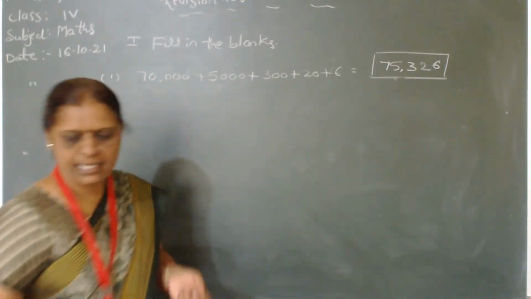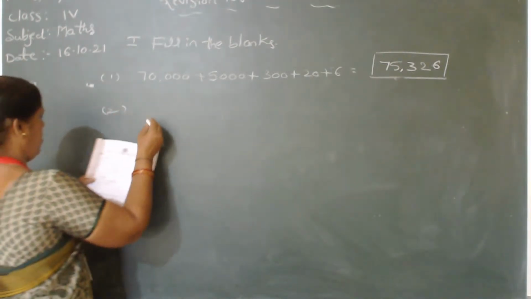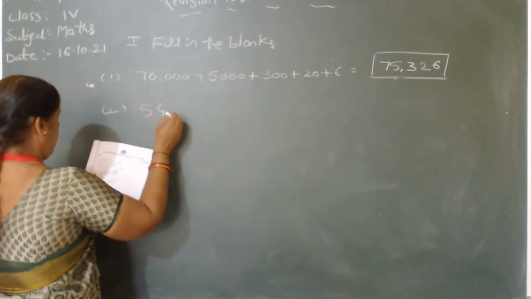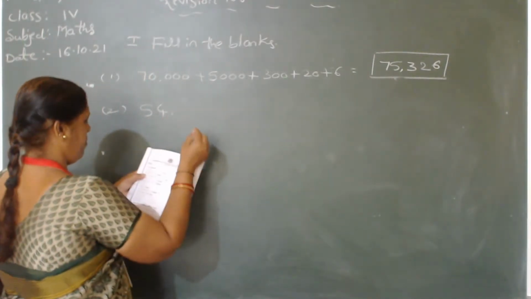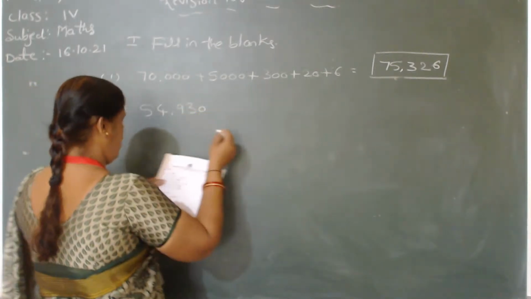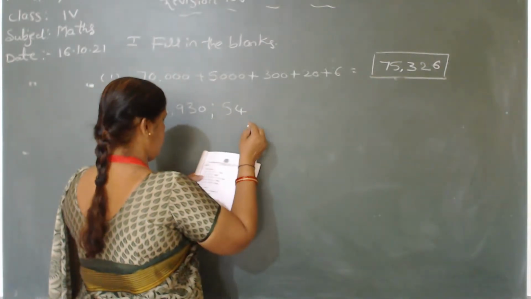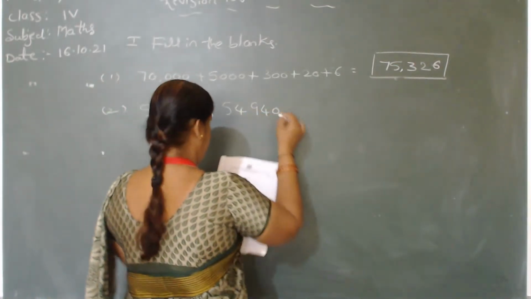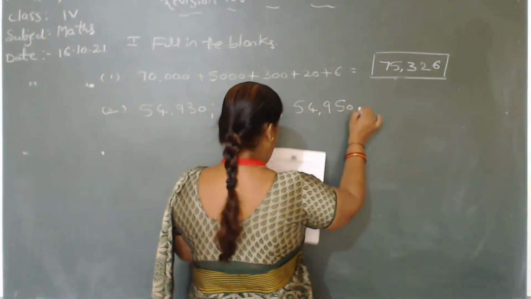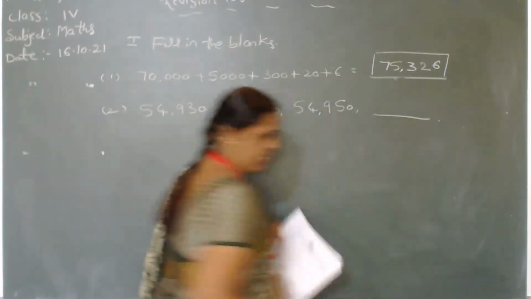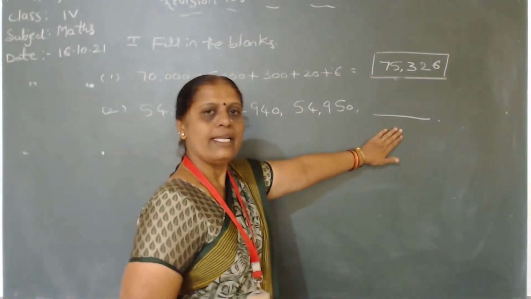The second one is 54,930, 54,940, 54,950, and then a blank. Observe these numbers first, then write the next number.